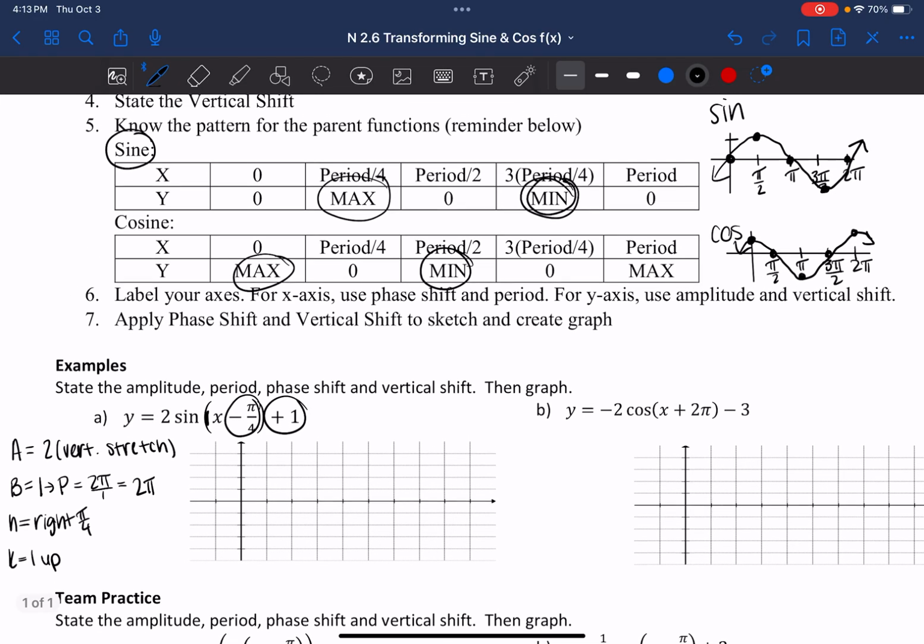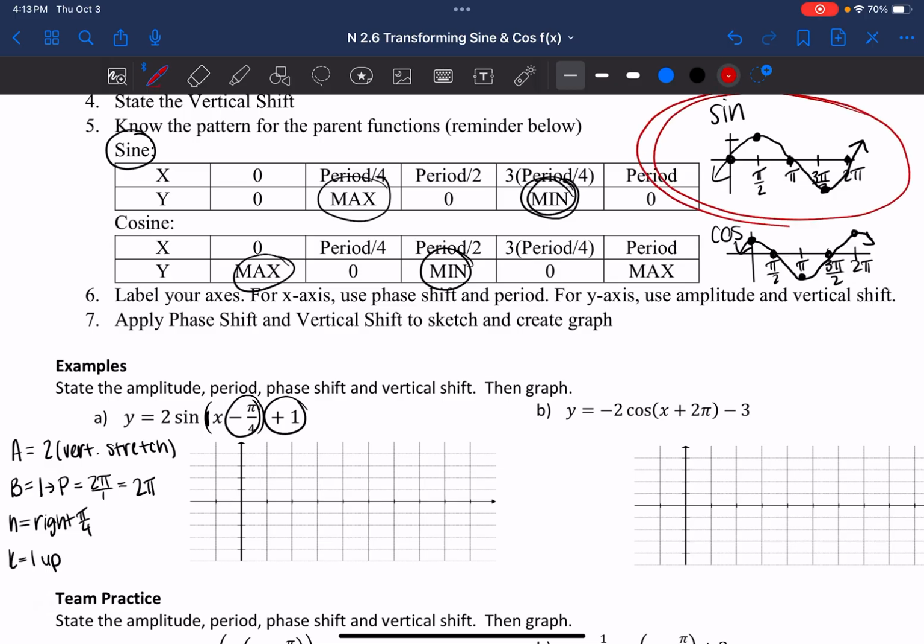Something to keep in mind is that the changes I make here are the changes to the sine parent function, this graph right here that I just circled in red. Normally that graph starts here at 0, 0. But we have shifted right pi fourths and up 1 unit.